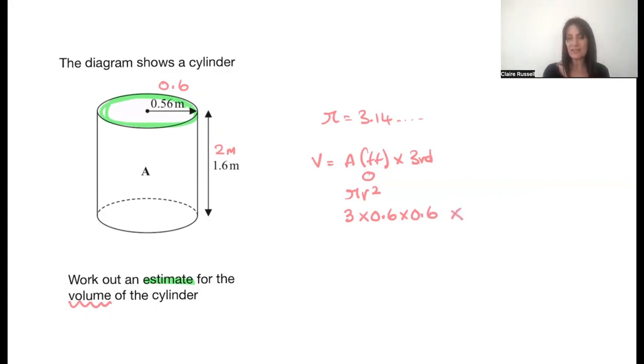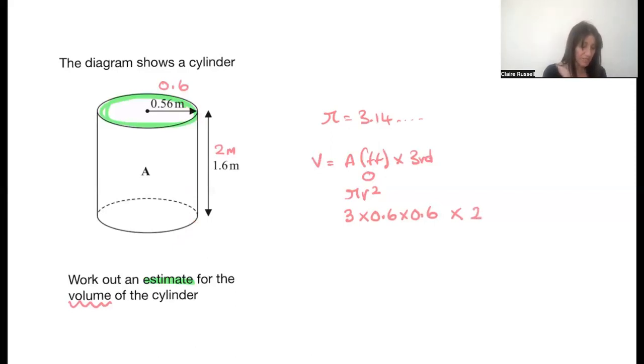The third length is the length that gives it dimension. It's the length that took it from a 2D shape where we find area and turned it into a 3D shape. So then I would be timesing through by 2.